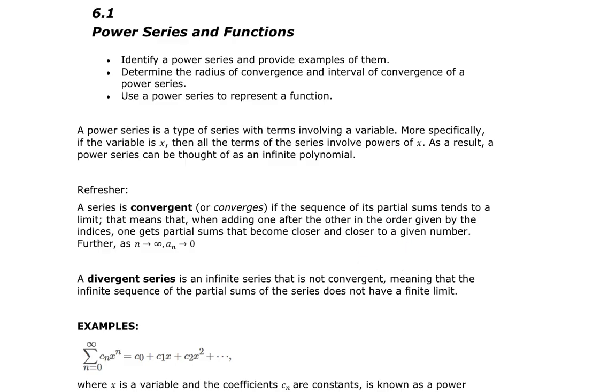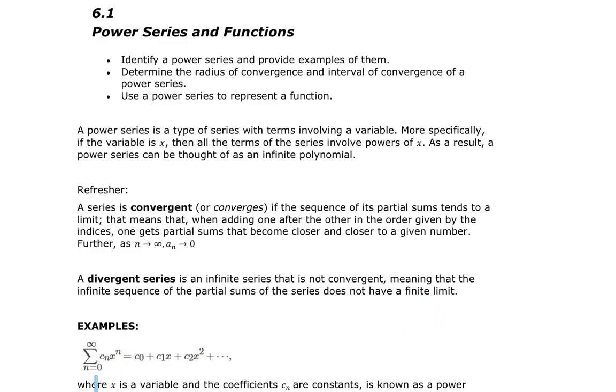Every partial sum gets to a point where every term after is so small that it doesn't change in any significant way the value of the partial sum. And as n goes to infinity, a sub n goes to 0, as an example. A divergent series is an infinite series that is not convergent, meaning the infinite sequence of the partial sums of the series does not have a finite limit.